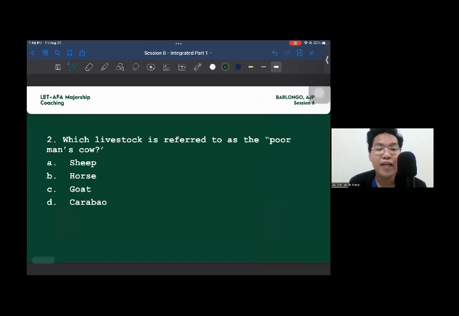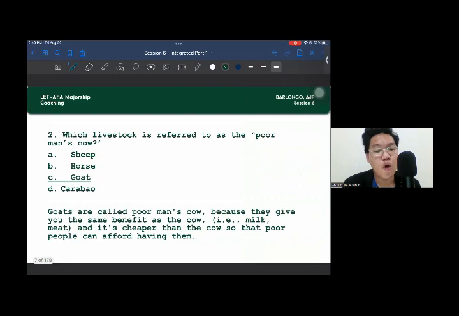Okay? So next, for the second item, we have which livestock is referred to as the poor man's cow? So A, sheep, B, horse, C, goat, or letter D, carabao. So the answer for this item is ayan, goat.